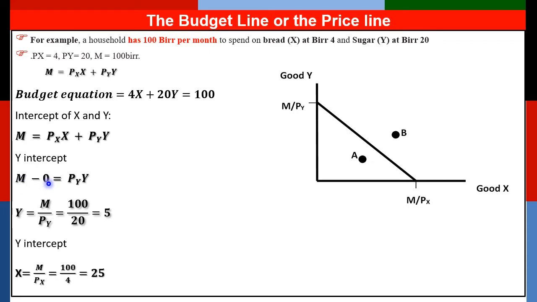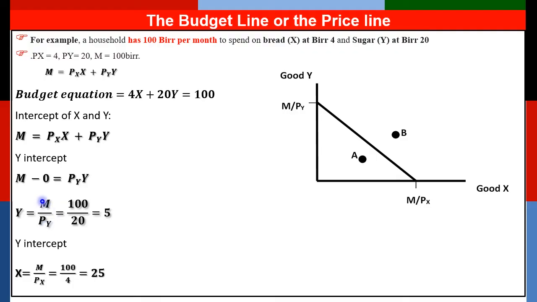M minus 0. Since this becomes 0, M minus 0 is equal to, we left this one, price of Y multiplied by quantity of Y. Solve for Y. Divide both sides by price of Y. Then we have this equation here: Y equals M over price of Y. But we have the value of M, and the value of price.